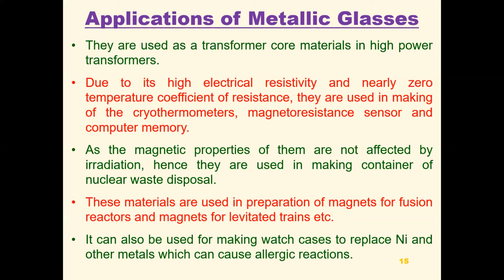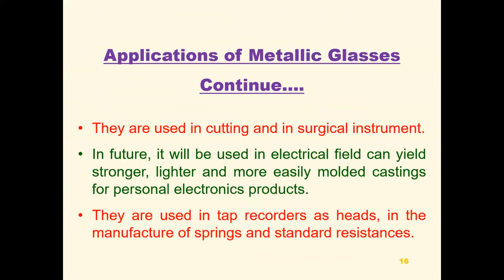It can also be used for making watch cases to replace Ni and other metals which can cause allergic reactions. They are used in cutting and surgical instruments. In future, they will be used in the electrical field, can yield stronger, lighter, and more easily molded casting for personal electronics products.